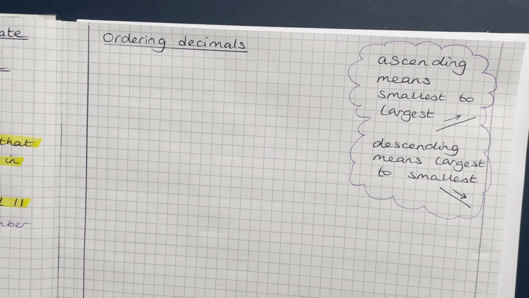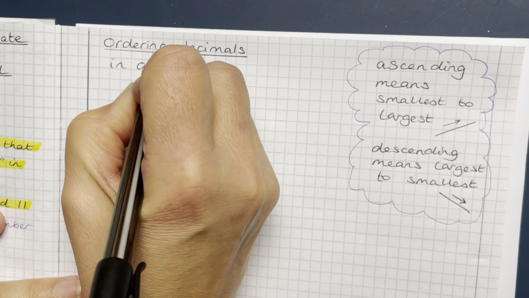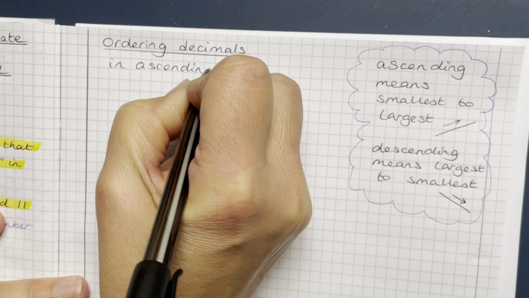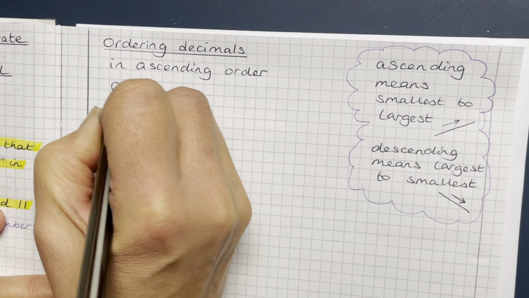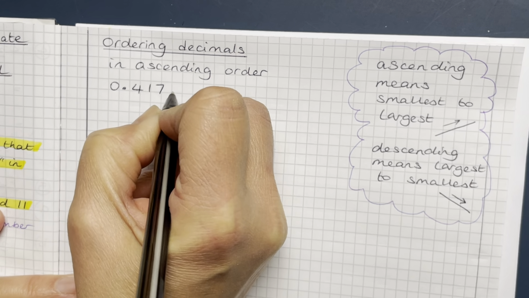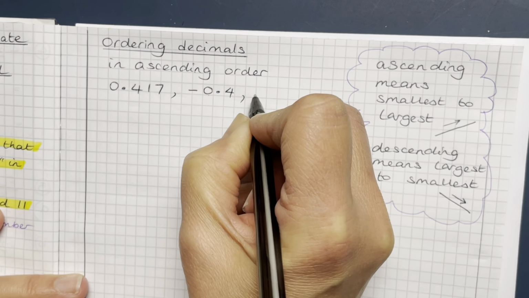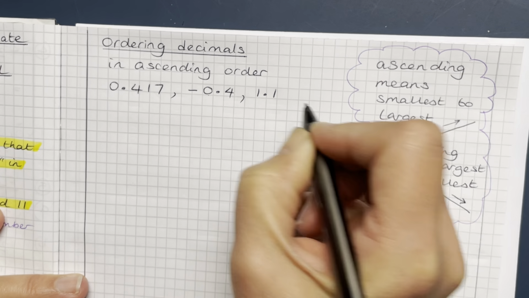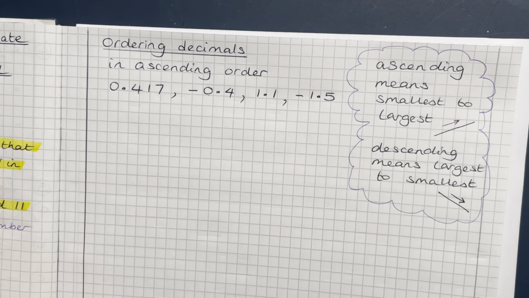Okay, so I'm going to order these decimals in ascending order. So I'm just going to write in ascending order, and the 4 numbers I've chosen: I've got 0.417, I've got negative 0.4, I've got 1.1, and I've got negative 1.5.